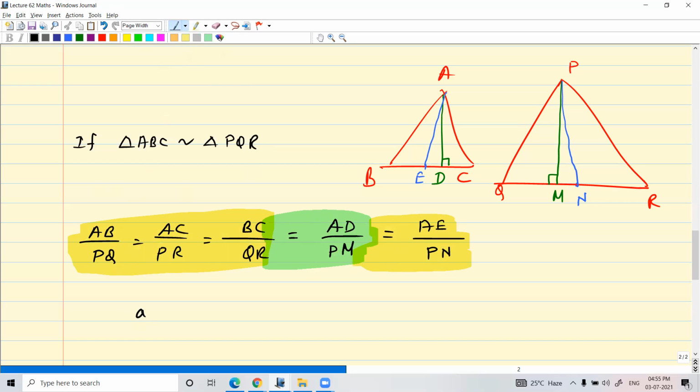And one thing we should also remember, area of triangle ABC by area of triangle PQR is equal to what? Square of any of these ratios, because all of them are same, right? I can call this whole thing K, let's say. So I'll write it as K square.